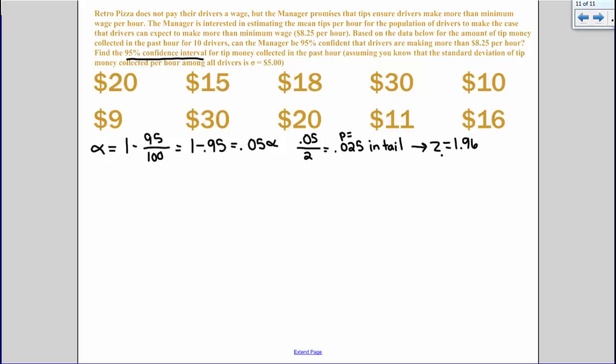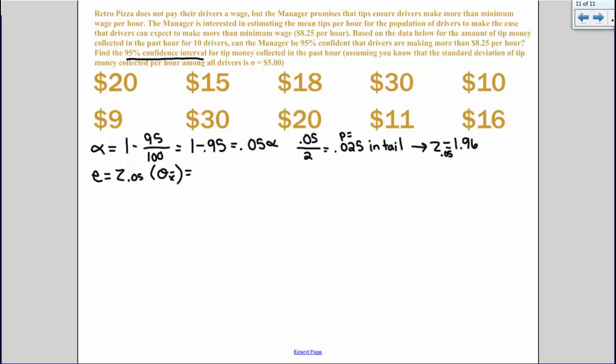So that is our z for an alpha level of 0.05. So now we find our margin of error, which is equal to the z value with an alpha of 0.05 that has a confidence level of 95% times the standard error.